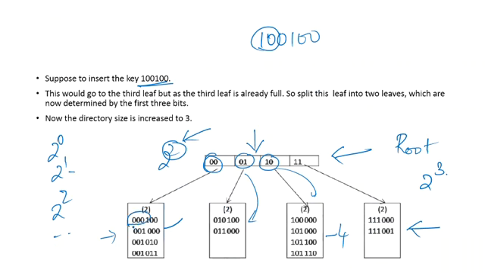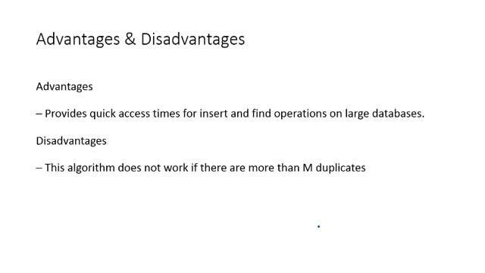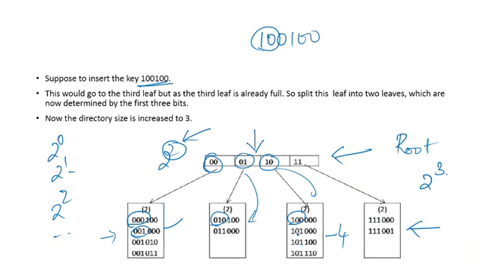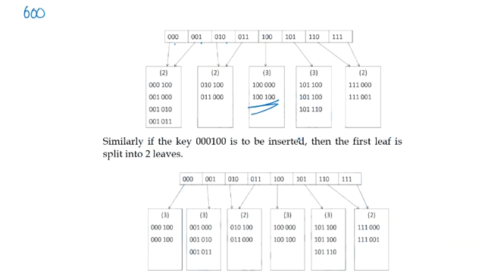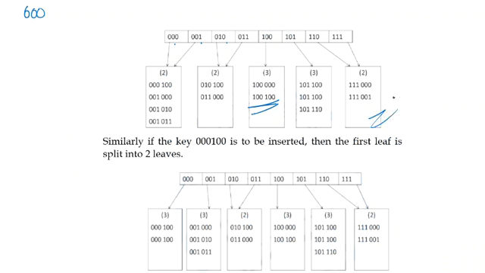This 000 will be in the 000 bucket, 001 will be in the 001 bucket, and this will be in the 010 bucket. This will be in the 110 bucket. You can see it is in 110, and the new element that is inserted is here. And these 3 elements will be in the 101 bucket. You can see these 3 elements are in 101, and the last bucket remains unchanged.